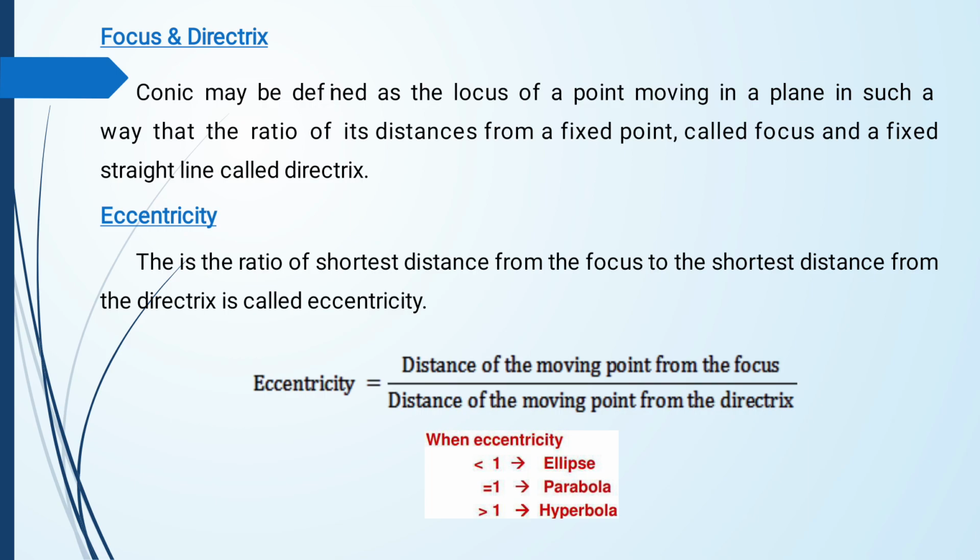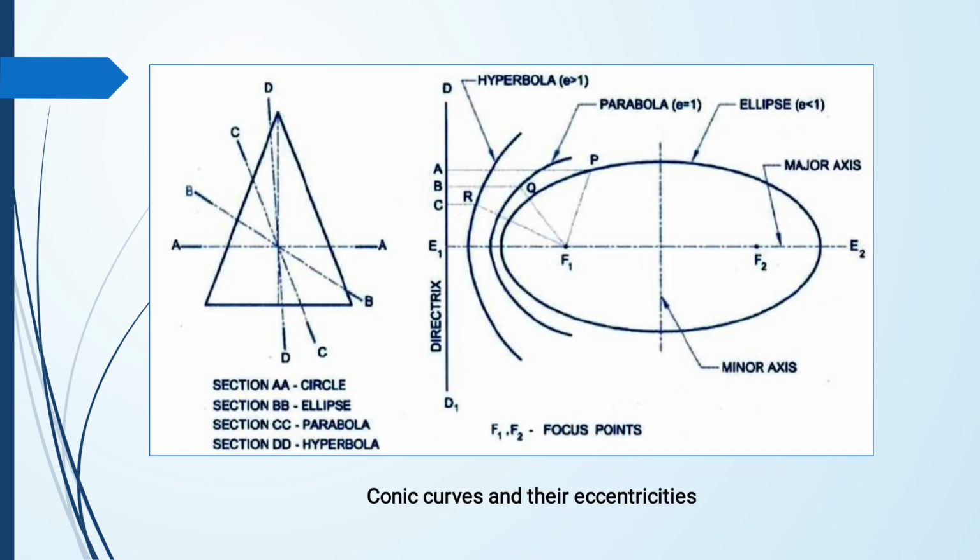Okay, next, the entire explanation can be consolidated in this diagram. A cone section is given here on the left side of the figure, a triangle. In the triangle, the cutting plane passes perpendicular, inclined, parallel, and then inclined to the generating lines.